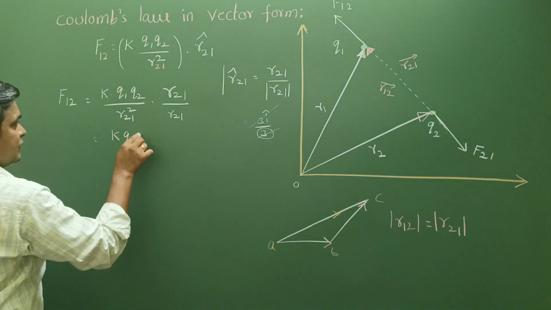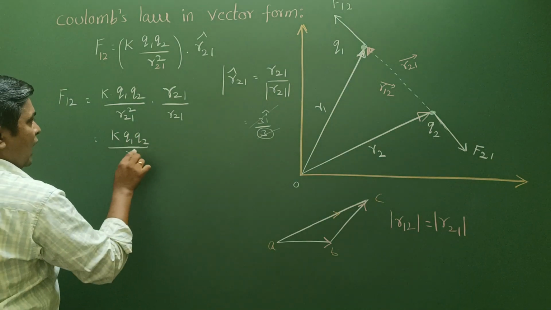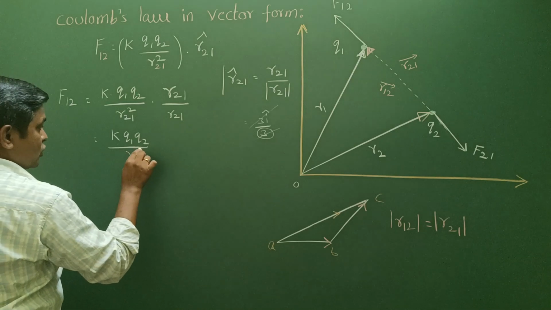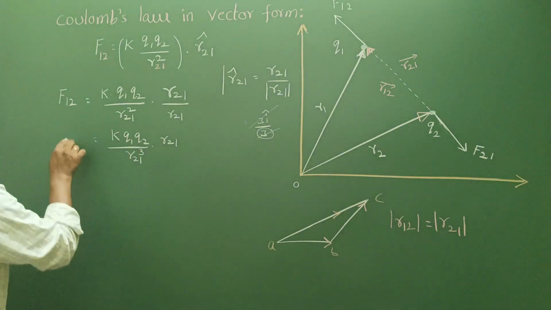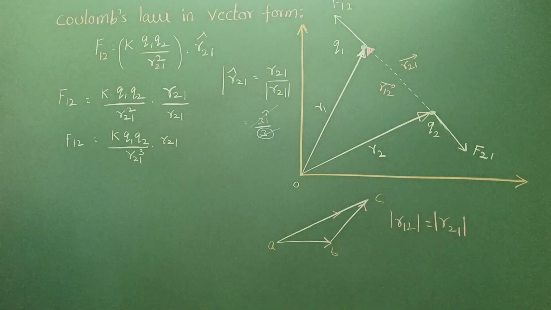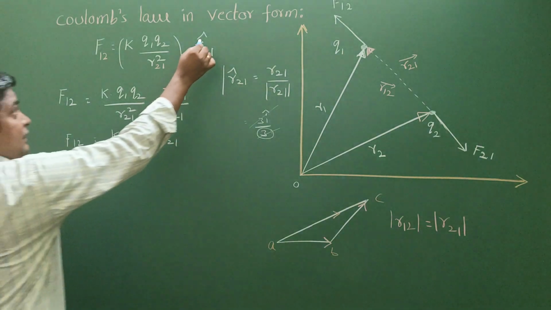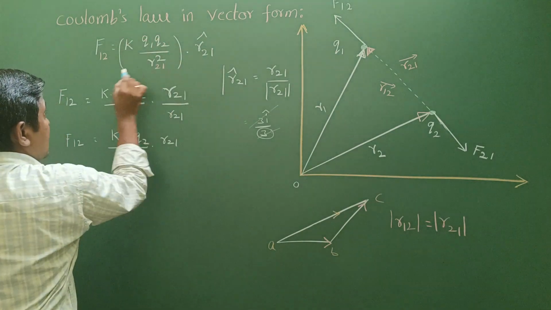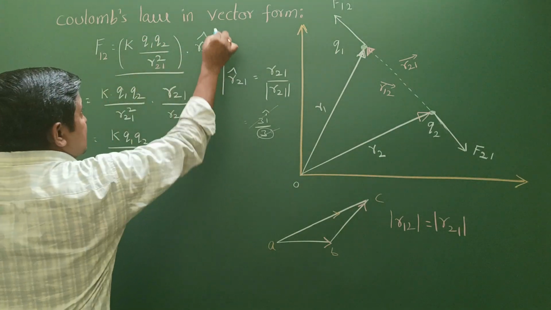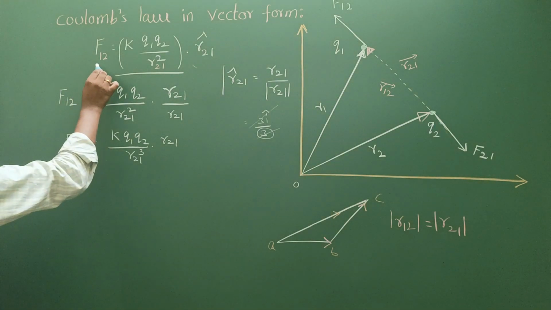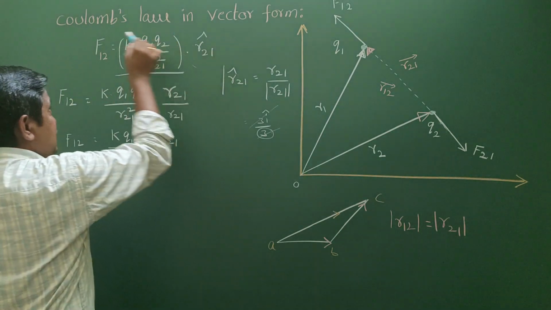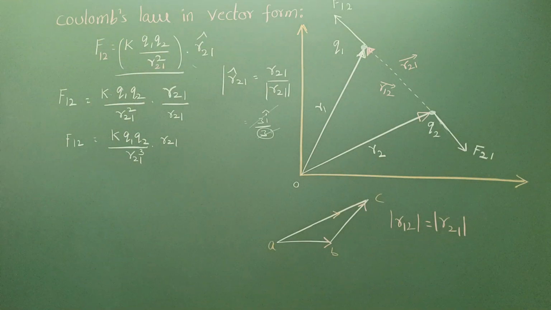K Q1 Q2 by R2 to 1 cube, where R2 to 1 is a vector. This is the force 1 to 2. It is in vector form, because up to this it represents magnitude, and this one is going to give us the direction. So force is described with magnitude and direction in a single equation, a single form.